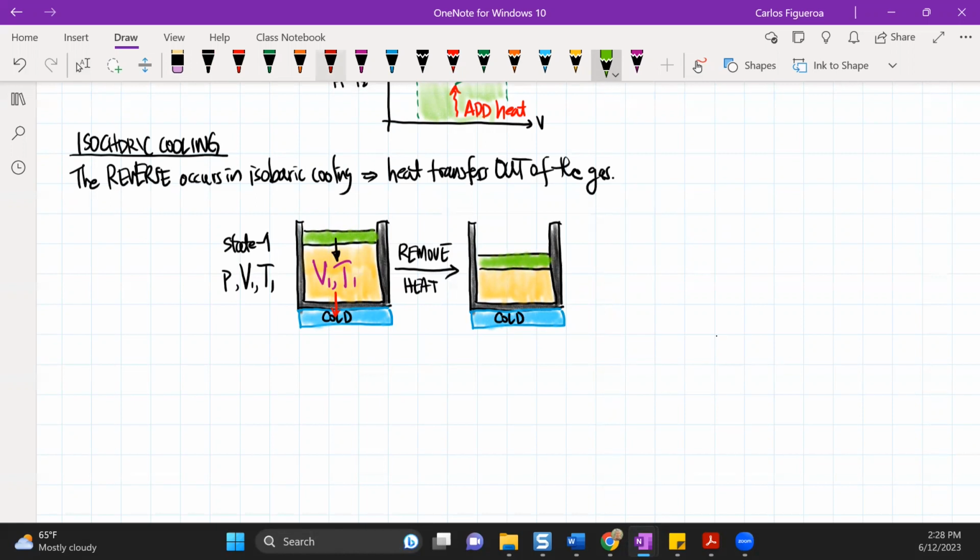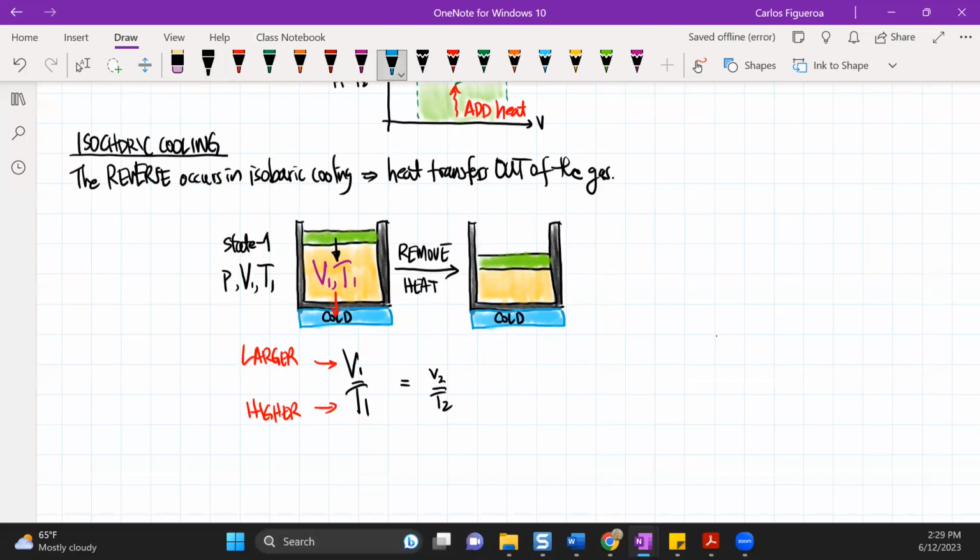And so in this situation, if I start off at a state of V1, T1, in other words, this is larger, this is a higher temperature, then the isobaric condition says that these must keep the volume and temperature ratio fixed. So therefore, I have to have a smaller volume and a smaller temperature to do that.